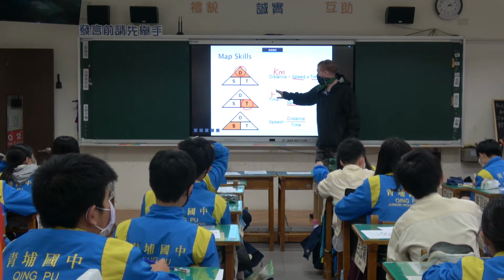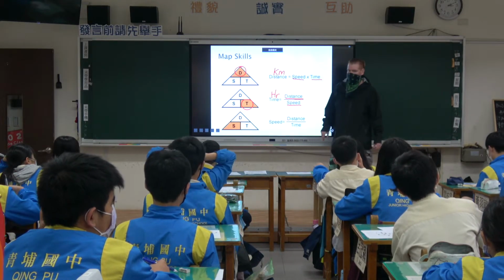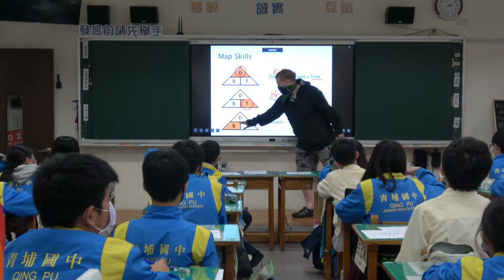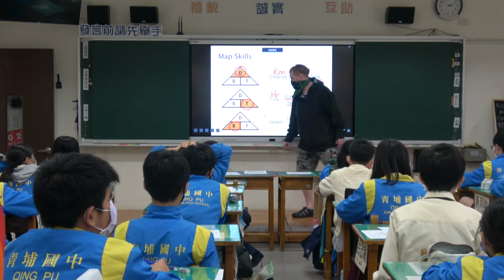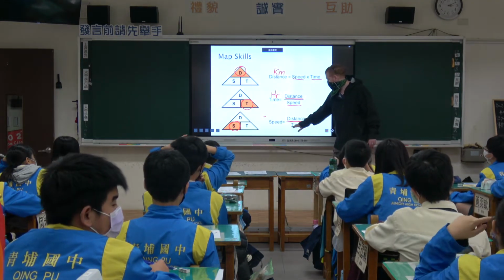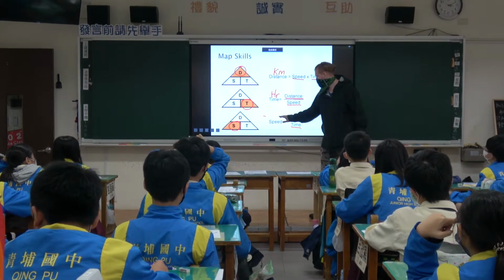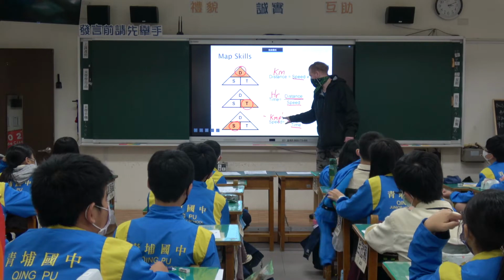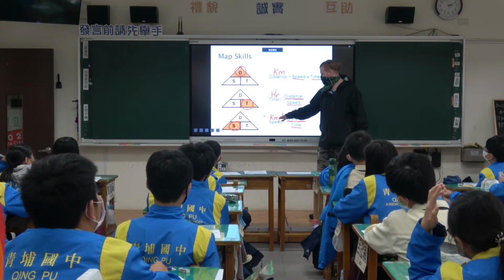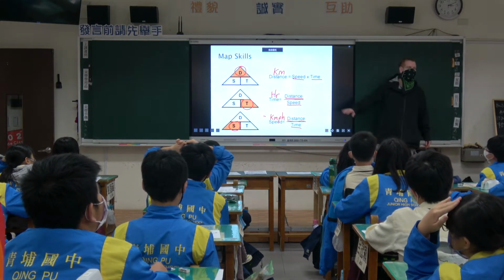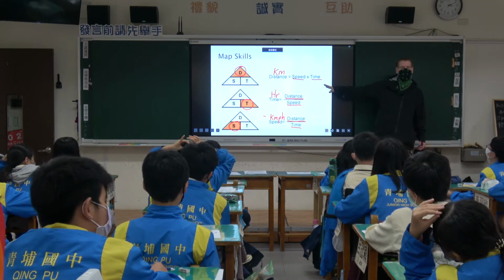So when you're looking for how many hours. And the last one, speed. How fast is distance divided by time. So km/h, kilometers per hour. Do you understand this? Yeah?